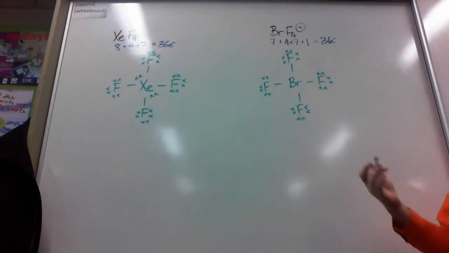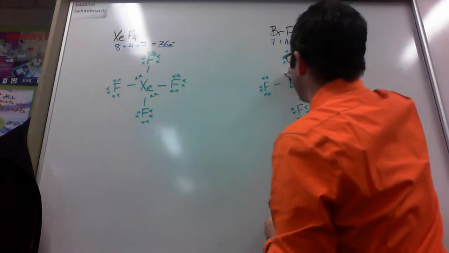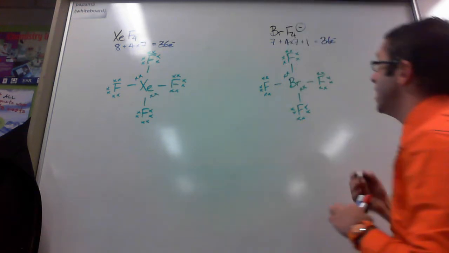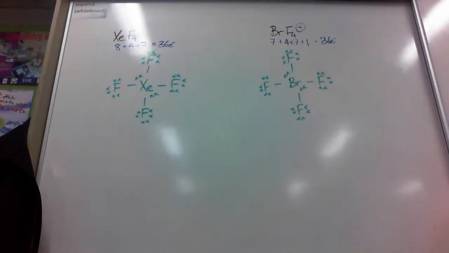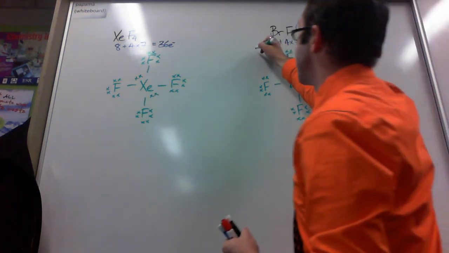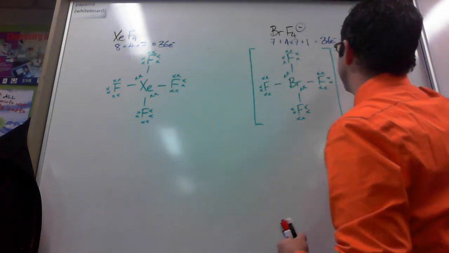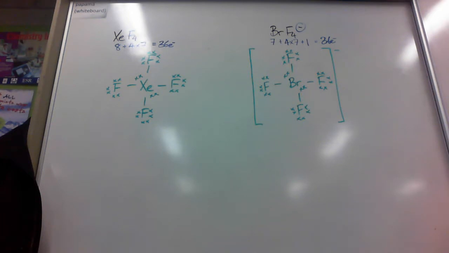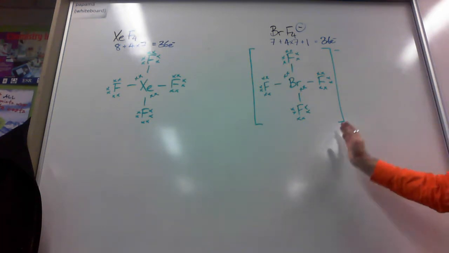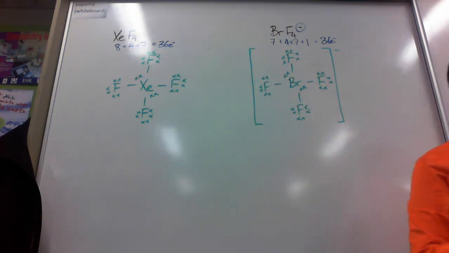And there's 32, so 2 more electrons there, 2 more electrons there. Nearly done. Because it's an ion, I have 1 more step to do. Square bracket here, and a negative charge. And then I'm done with that one. So it is actually incredibly similar to this one. And when we do shapes, we're going to find they are the same shape.